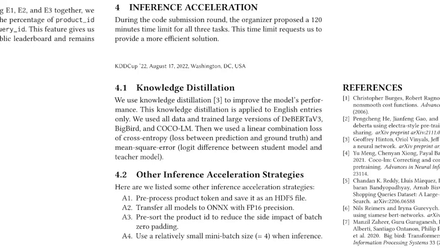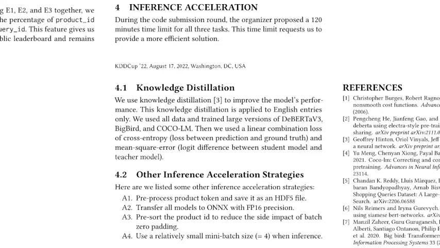Here, we list some other inference acceleration strategies. A1, we pre-process product tokens and save them as H5 files. A2, we convert all models to ONNX with FP16 precision.